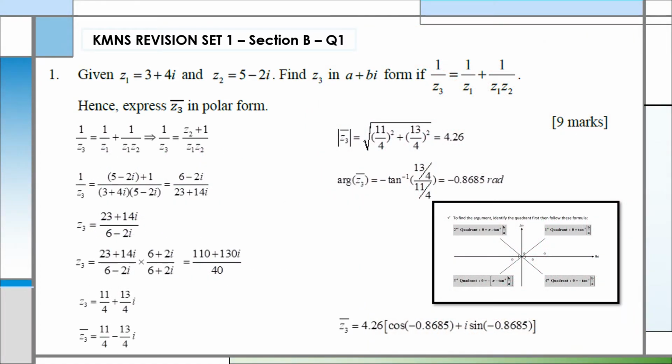Okay, let's look at KMNS revision set 1, section B, question 1. In this question, Z1 and Z2 are given. The question asks to find Z3 bar, which is the conjugate of Z3.